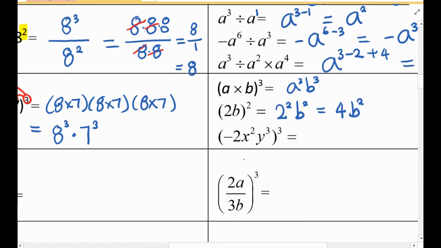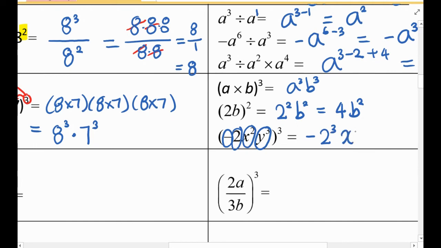And I have 3 here. So you have to count how many items you have inside the bracket. Negative is one single item. 2, x squared, and y cubed. So negative will be repeated 3 times, so negative stays negative. 2 will be repeated 3 times.